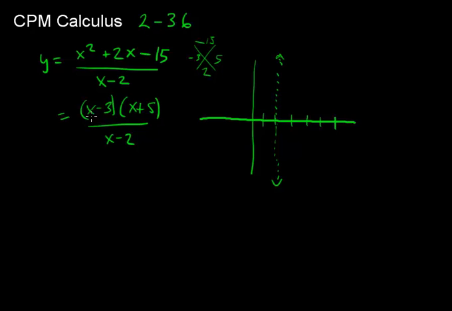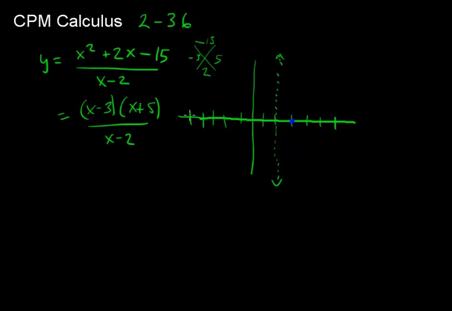This shows us that there's going to be a 0 at x equals 3. So here, I'm using a different color, we cross the x-axis at 3. Let me get some more points: 1, 2, 3, 4, 5. We're also going to cross the x-axis at negative 5.